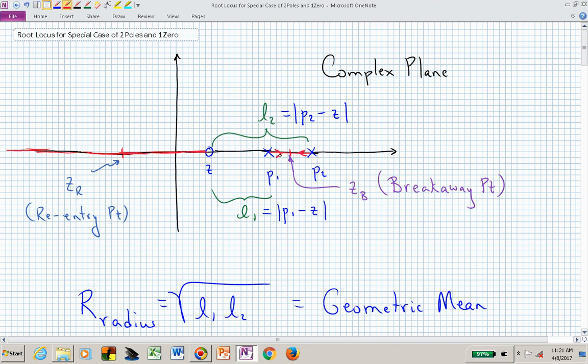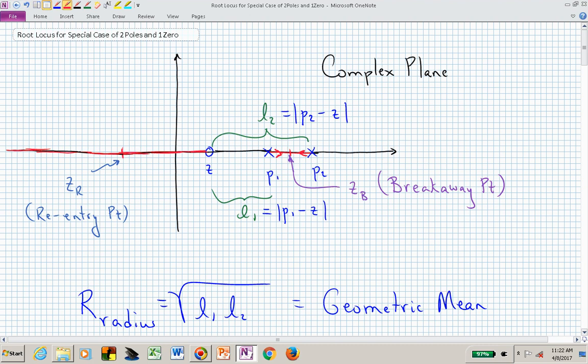and they will obviously have to move off the real axis when they reach each other, or the breakaway point, and that will occur at a relative maximum, and that will not be right halfway between P1 and P2. It will actually be the geometric mean, or that breakaway point will be determined by the distance, this radius from the zero.